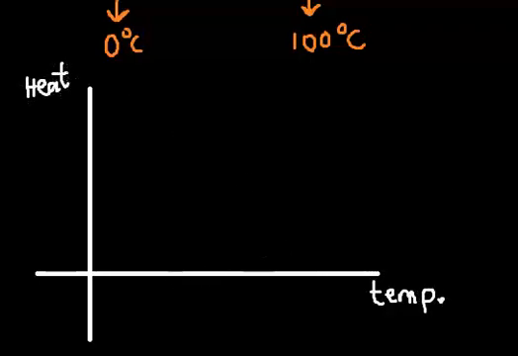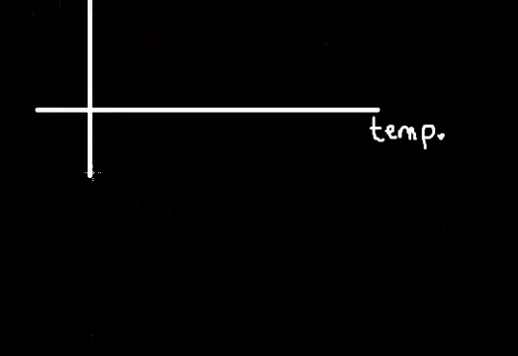Now, you know very well that the temperature of ice is below zero, so this origin is below 0 degrees. Ice is still solid when the temperature is below 0 degrees Celsius, so let's say I have minus theta degrees Celsius. At this point, ice is still solid.